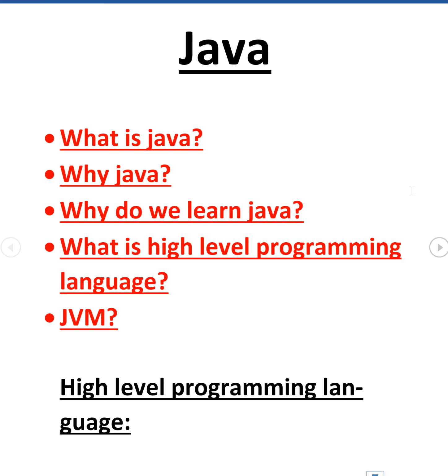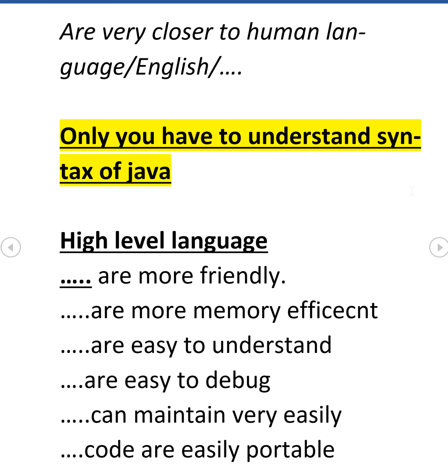So what is JVM? We will continue this session in the next lecture, or we will continue in this lecture. Java is very close to human language, so it is very easy to understand. You only have to understand the syntax of Java, and Java syntax is very easy to understand. What is a high level language?